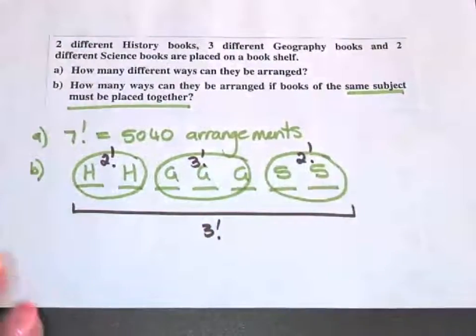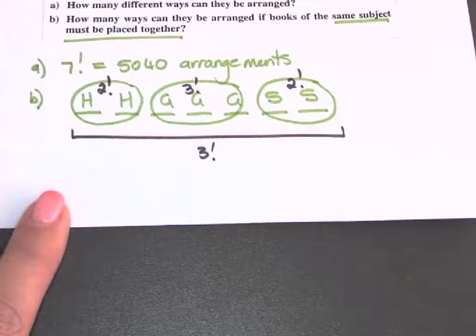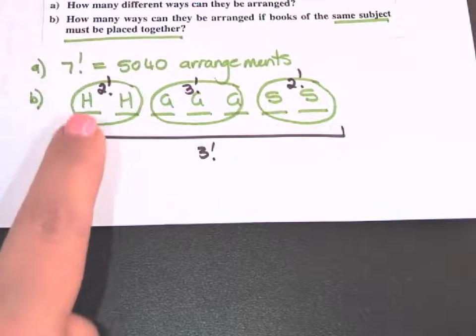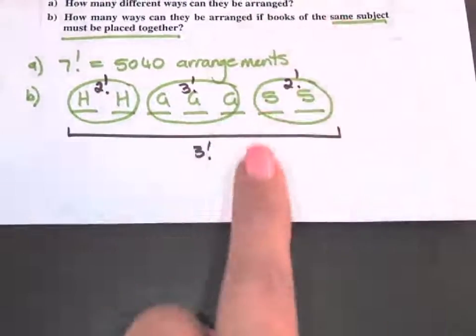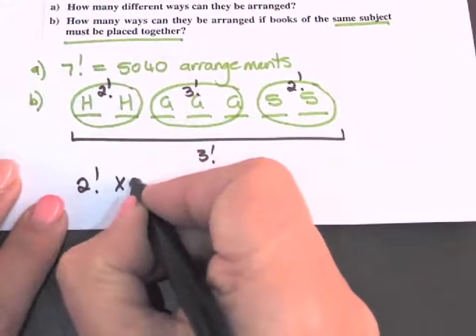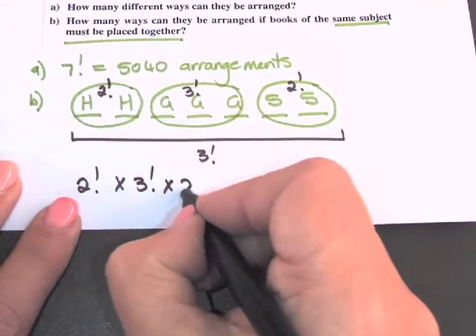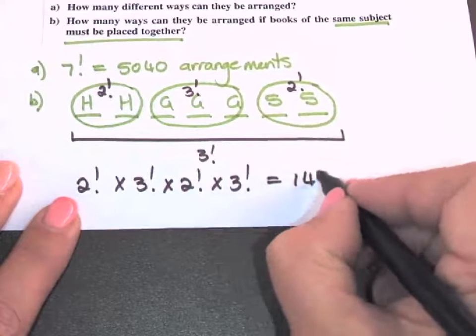So what will our answer be, do you think? Yes. 3 factorial times 2 factorial times 3 factorial times 2 factorial, and that will be 144.